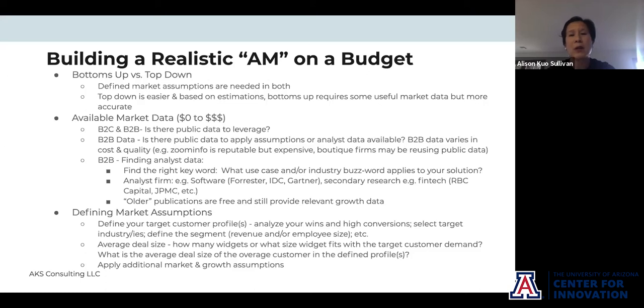Maybe they're going into a brand new market, it's a big strategic decision, and they have the funds to do the market research. But ultimately, you can do a TAM at your kitchen counter, and it's based on a few things.